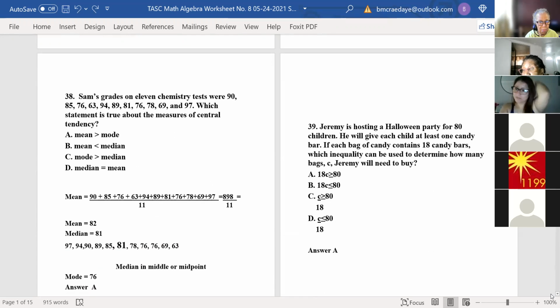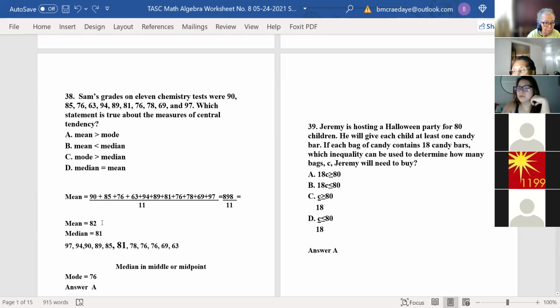I meant to pick C. But Alva, what did you get when you added up all the numbers and divided by 11? I got 898, something like that, and then divided by 11, and the mean was 82. Careful, the mean was 82, yes, right?